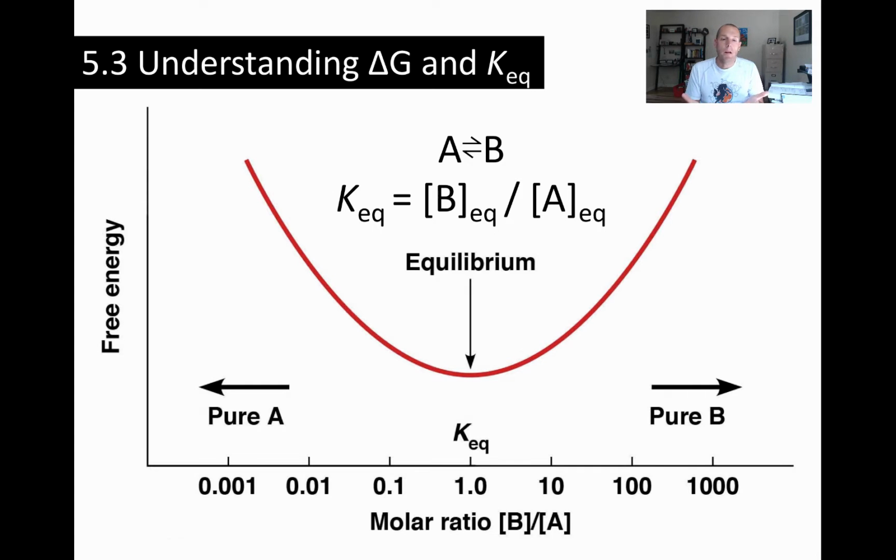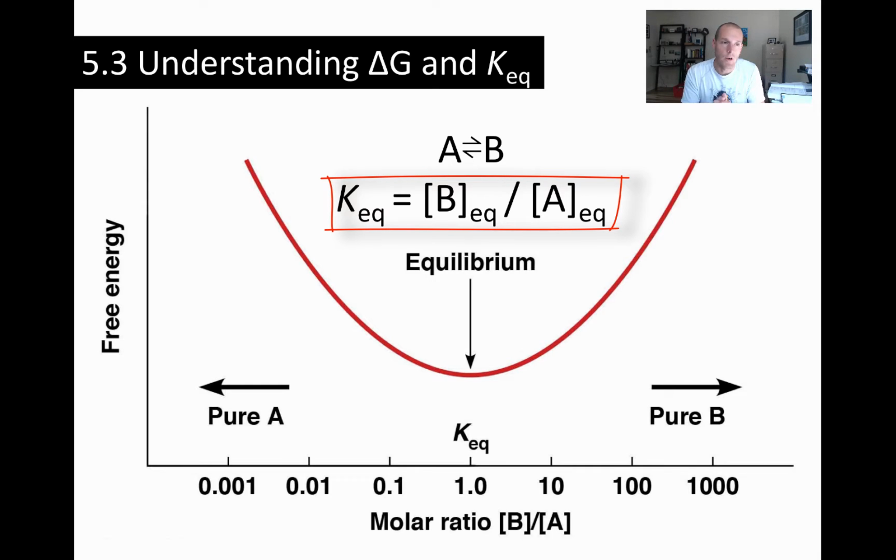So let's just consider a generic reaction where A is converted to B, and that reaction is reversible, and B is converted back to A. The equilibrium constant for this reaction is the ratio of the product concentration and the substrate concentration. So the equilibrium constant here is the concentration of B, and those square brackets you see there will always mean concentration.